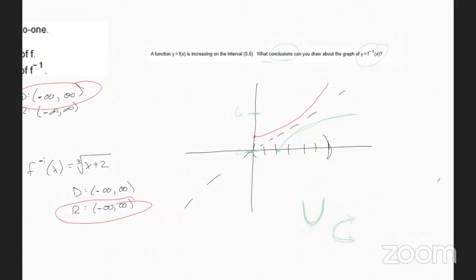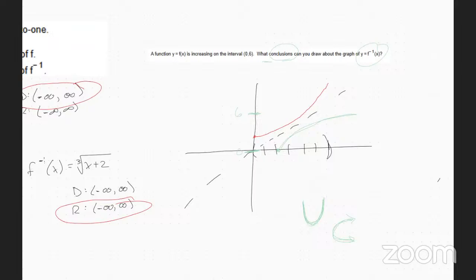For any y values between 0 and 6, it's a function. We usually don't say it like that, so I'm not really sure what they want you to say. You don't have the answer key for this? I could check what they want us to say.